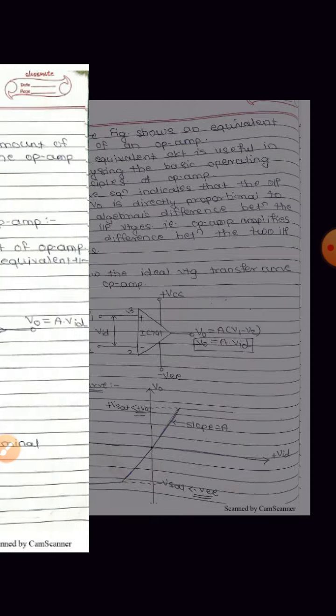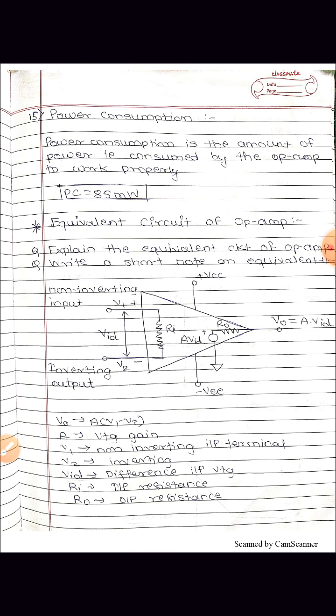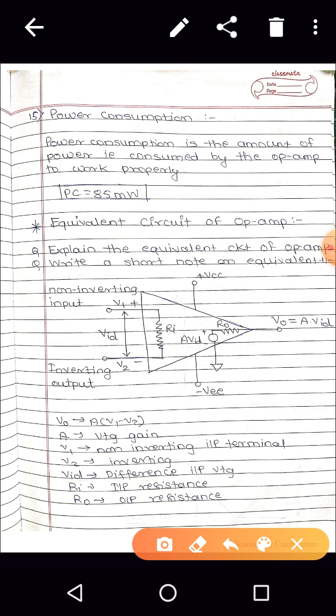What is here exactly? V0 is equal to capital A, V2 minus V1. What does the op-amp exactly amplify? The difference between the non-inverting input terminal and the inverting input terminal, and A is a multiplication factor, that is the voltage gain produced by this op-amp.